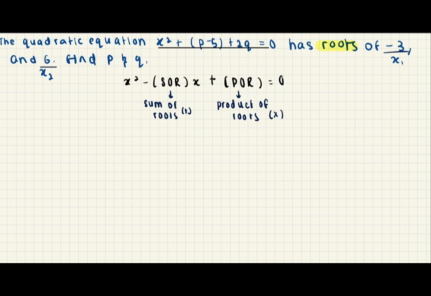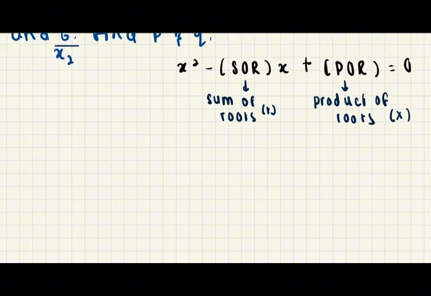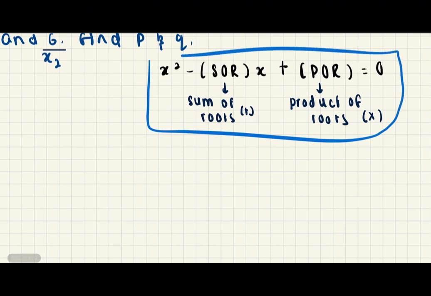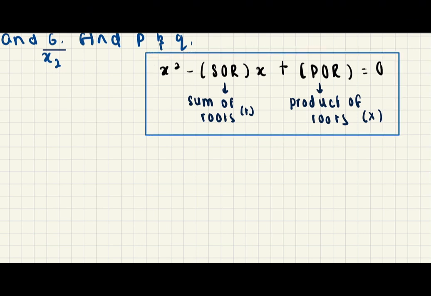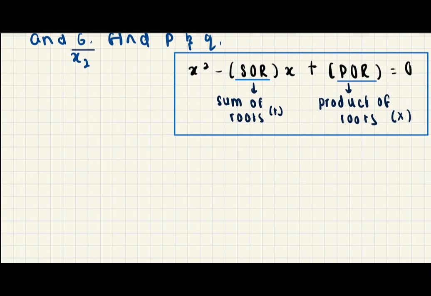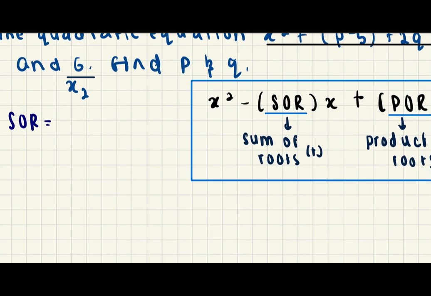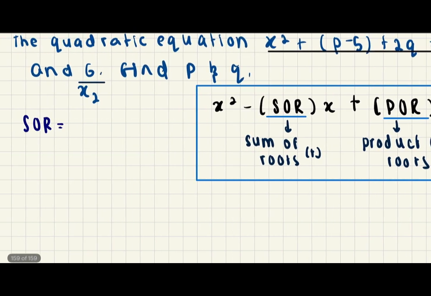That's a very manipulative word. Okay, so we're going to use this to form a quadratic equation. When we have our roots, we can put them in here, isn't it? So first we're going to find our SOR and our POR. We know our roots are negative 3 and 6.